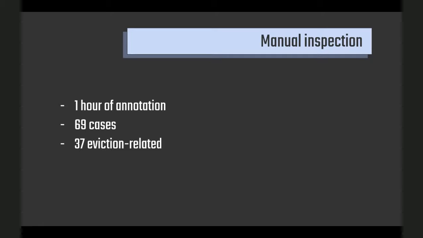From 69 cases that we saw, 37 were eviction related out of this random sample. So this made us understand that these 591 cases, which were not in that selection, were really not the only ones in that data set.